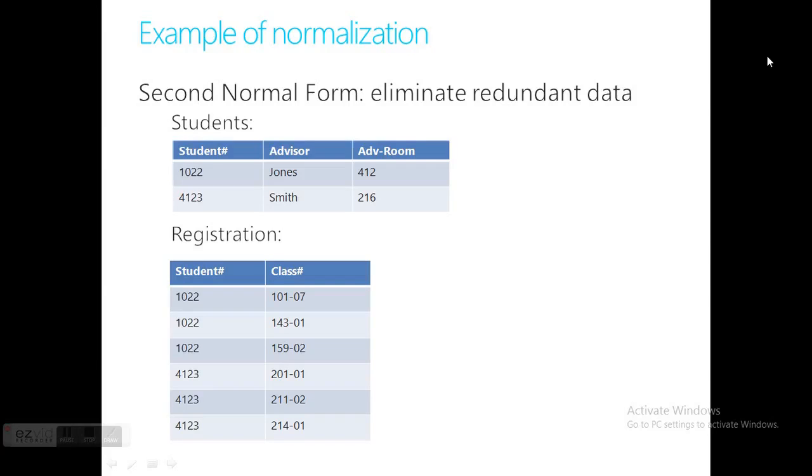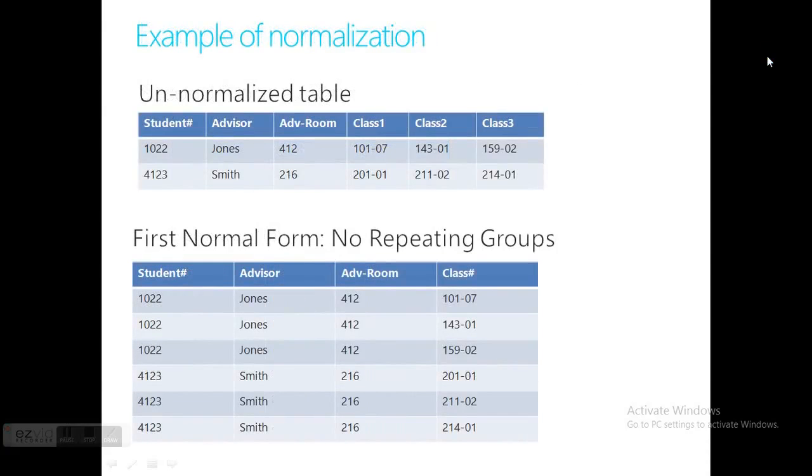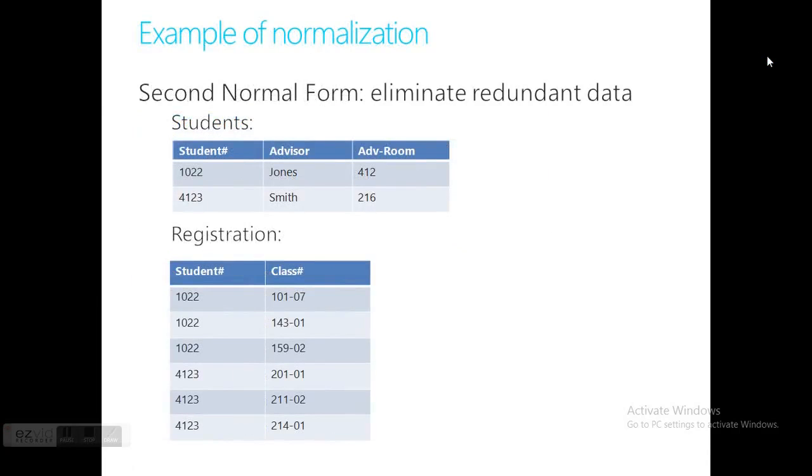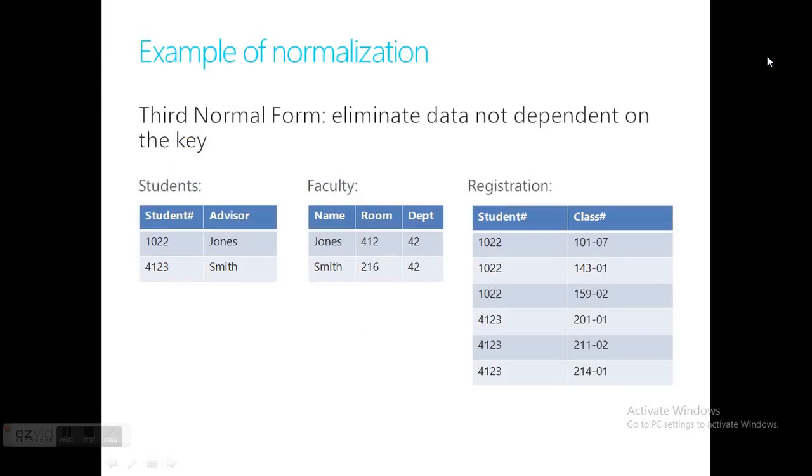In the student table we'll only have student, advisor and advisor room, and in the registration table we have the attributes student and class. So much of the redundant data gets eliminated in second normal form itself.